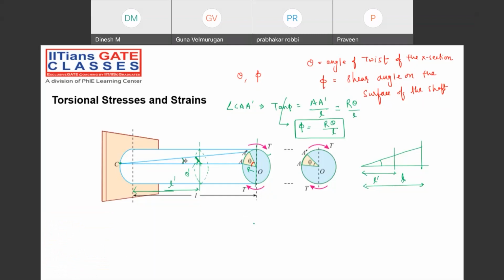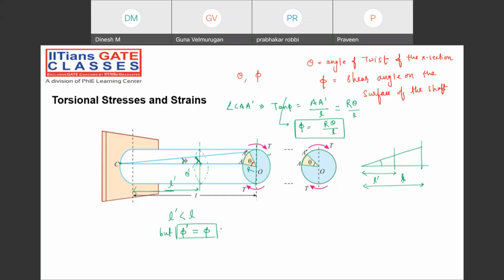Whatever the phi is there, that is going to be same for the section which I consider at a distance L dash from the fixed end and L from the fixed end. So we can say that L dash is less than L, but phi dash will be equal to phi.